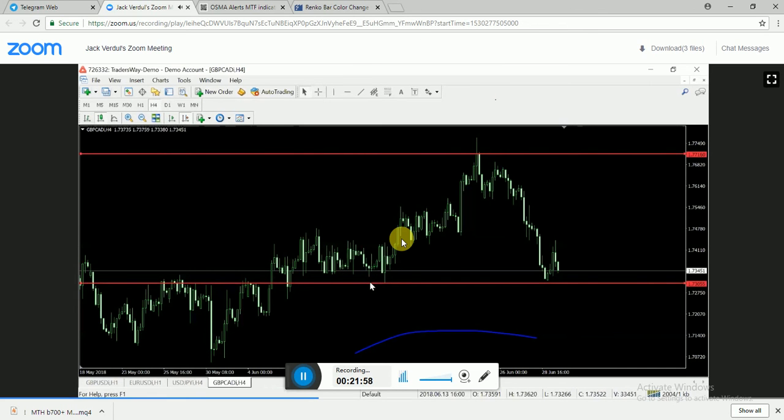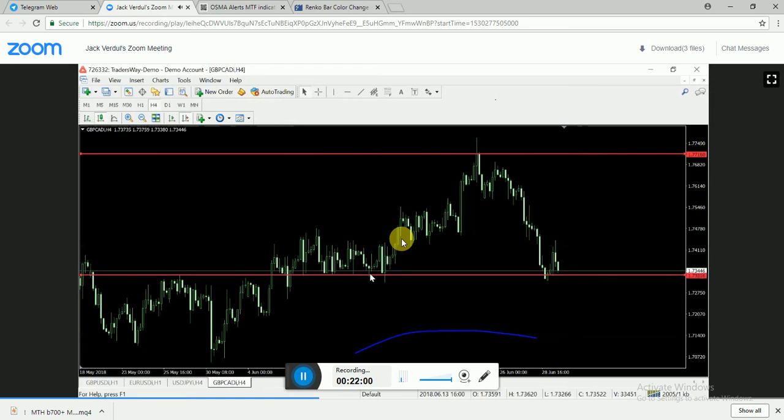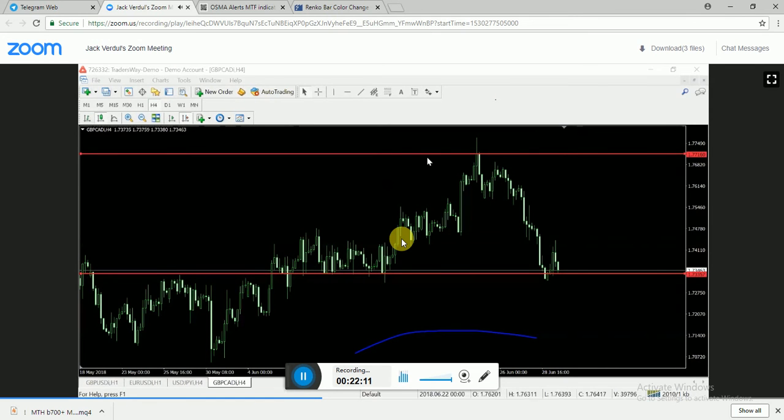So when I move it up here, now you see everything aligns with it. That's what you want to look for when you do market support resistance: when stuff just aligns with stuff.